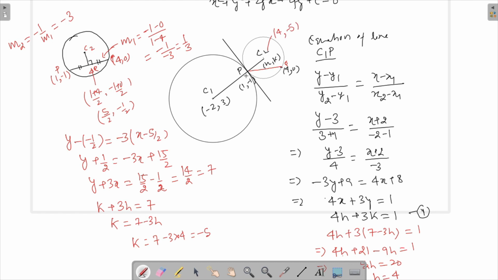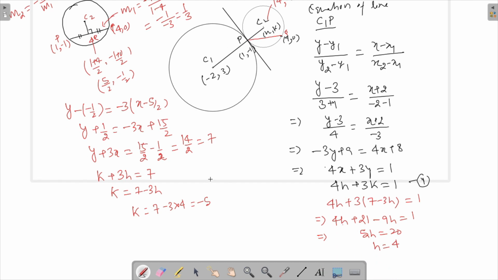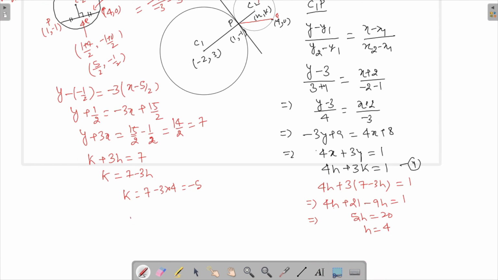Now I can find the radius because (1, -1) is here. So CP will be my radius, right? So I can just find CP. CP is going to be my radius, and that should be equal to the square root of (x2 minus x1) whole squared plus (y2 minus y1) whole squared.